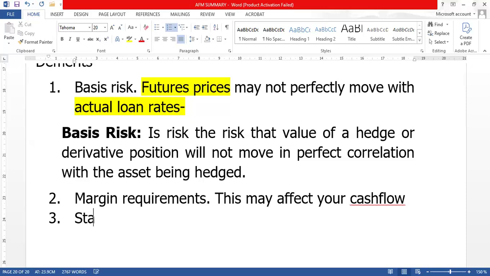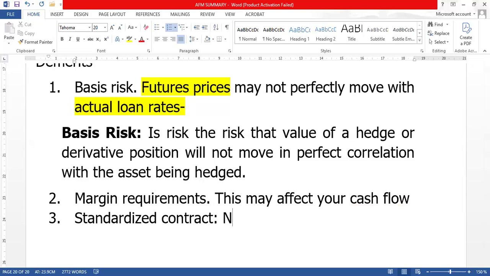And because of standardization, the standardized contracts are quoted, let's say $500 or euros. Because of that, you may find that the amount you want to hedge is not exactly equal to the number of contracts.